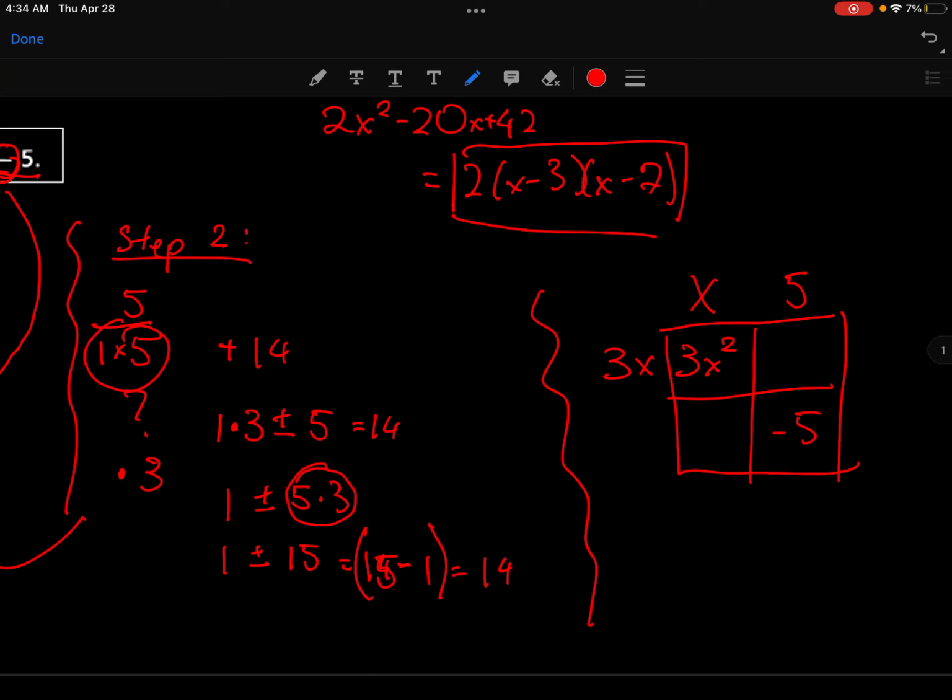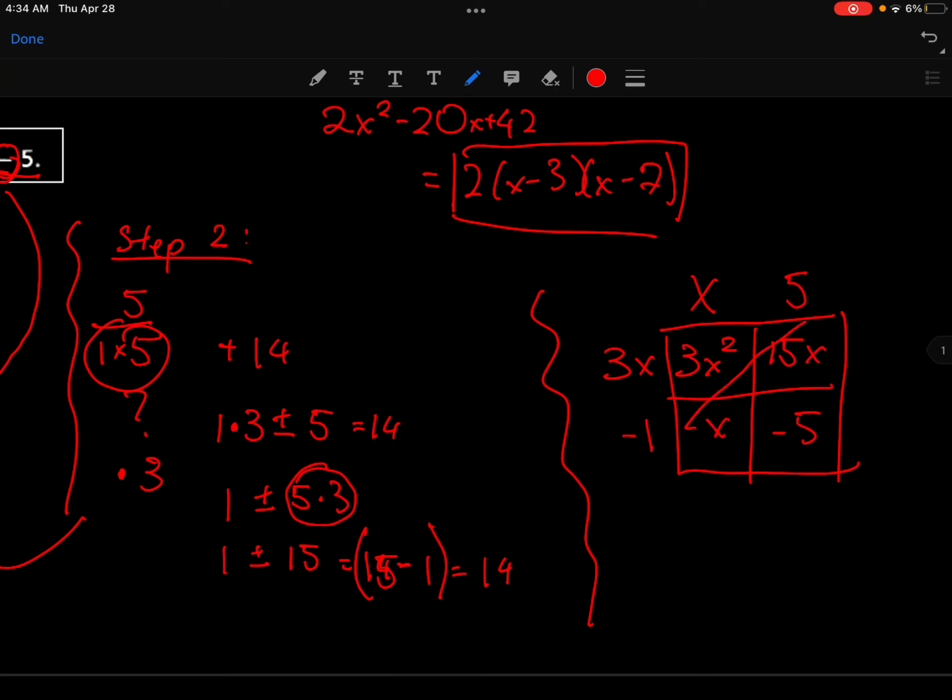Because since we need to multiply 5 by 3, if we put the 5 here, it's multiplied by 1. Gives you 5x. We need to get 15 at the moment. Therefore, if you put it opposite the side of the number we need to multiply, 5 times 3 is 15x, and x times minus 1 is negative x.